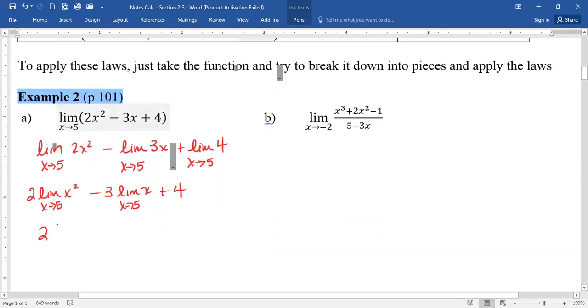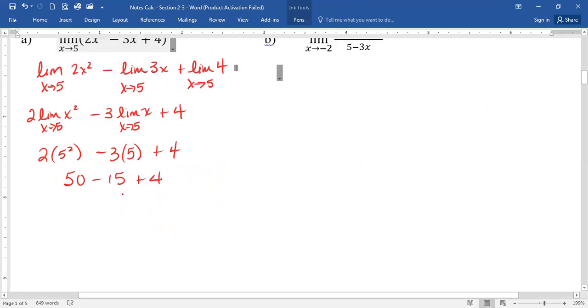So this is 2 times 5 squared minus 3, and the law that says if it's just x, it's just whatever I have here, 5, plus 4. So I get 50 minus 15 plus 4. So 35 plus 4, I get 39. Is that the limit?